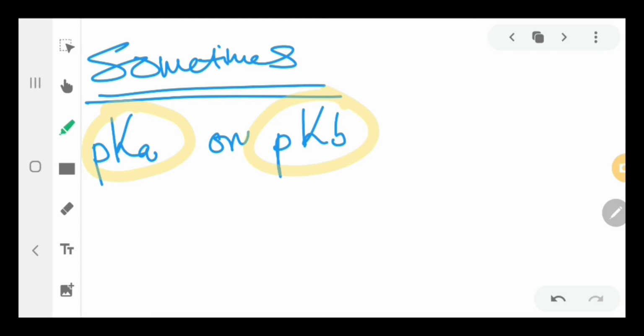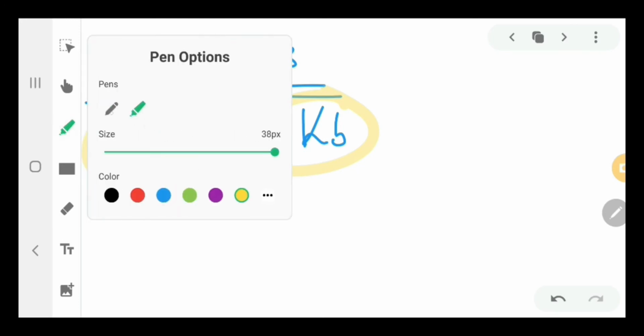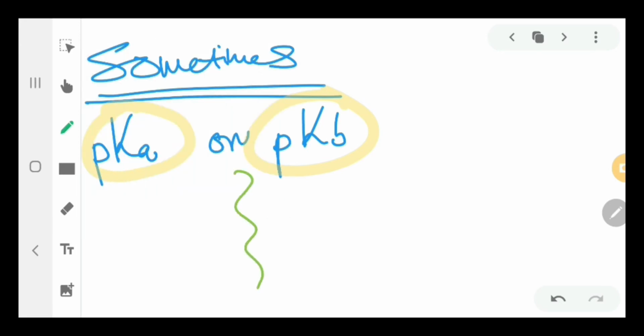So what is that? Basically, what we have right here is a Ka value and a pKa value. pKa value is negative log times the value of Ka that we have here.